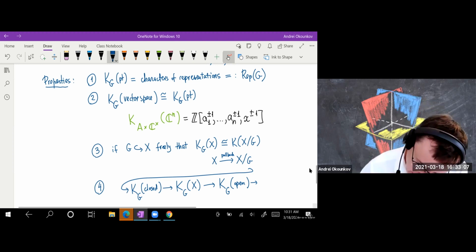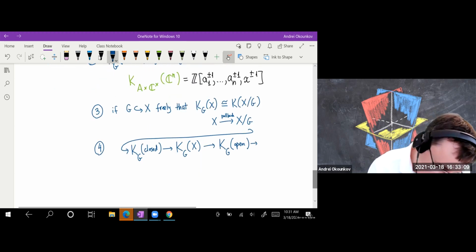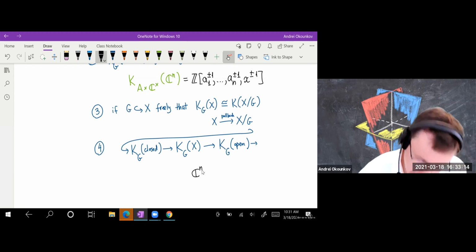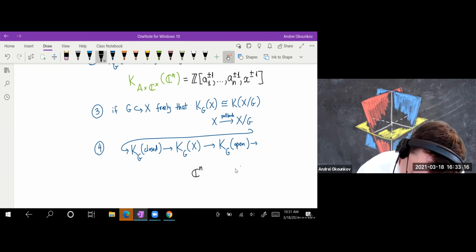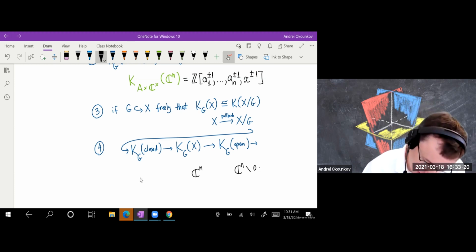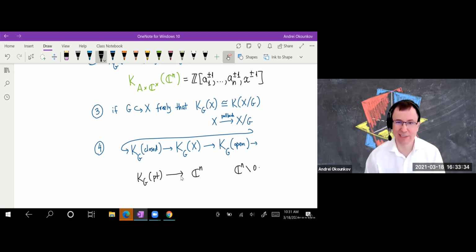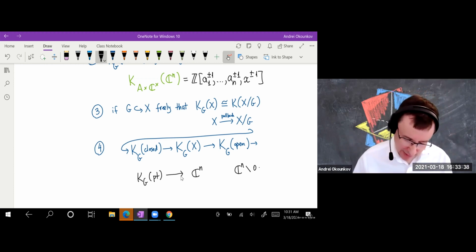But in our case, X was Cn, and the open we restricted to was the complement of the origin, and so what sits here is just the K-theory of a point. And what is this map?